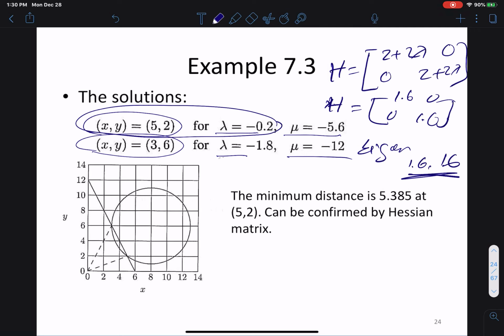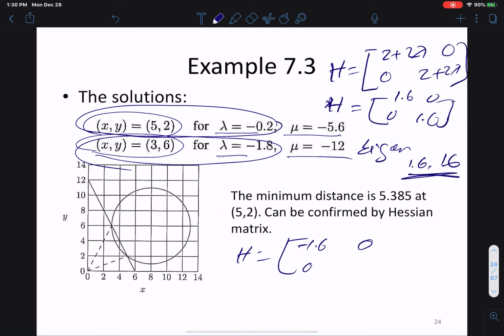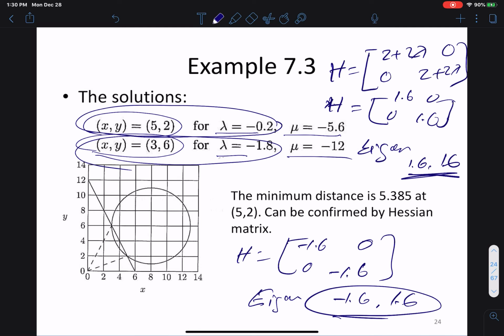The other one, for this set of values over here, H would be 3.6 to negative 1.6, 0, 0, negative 1.6. So the eigenvalues for this one would be negative 1.6, negative 1.6. This is not a positive definite matrix.